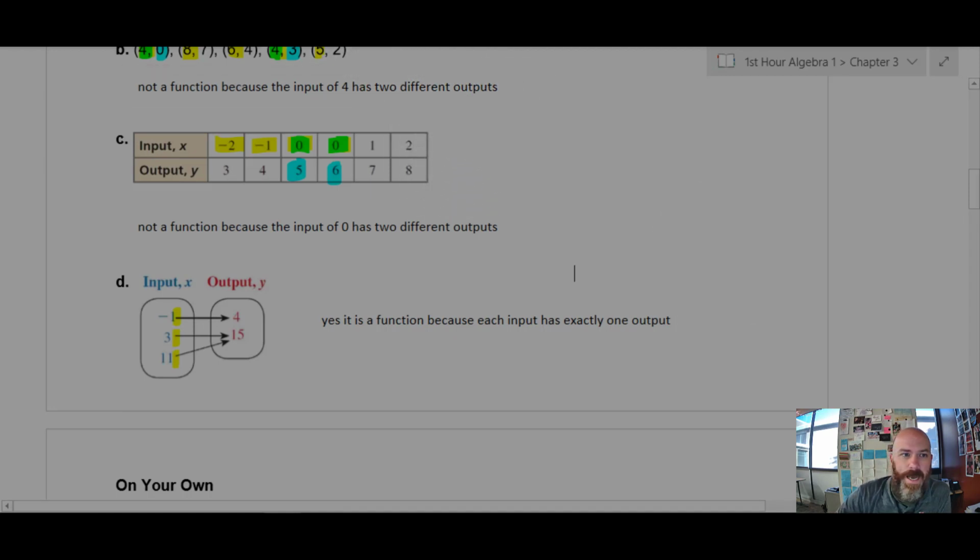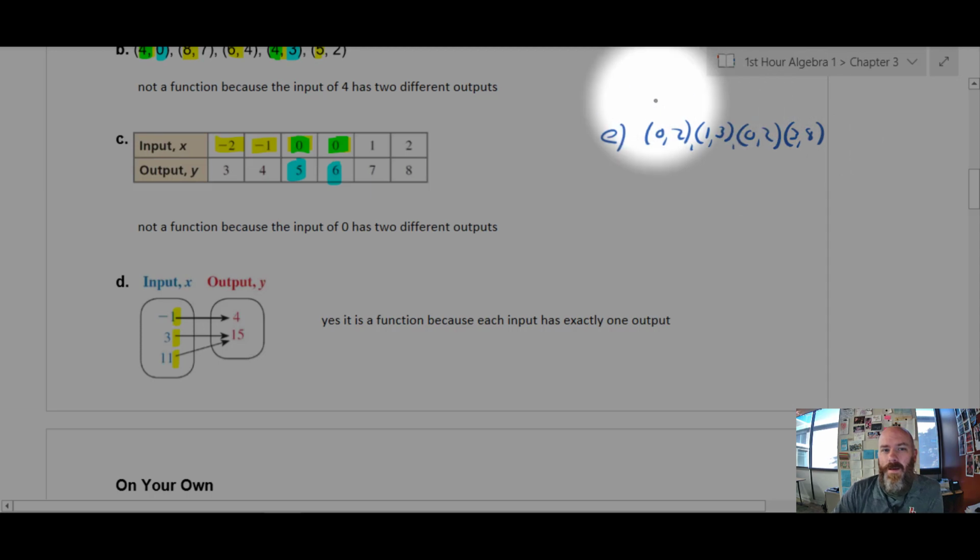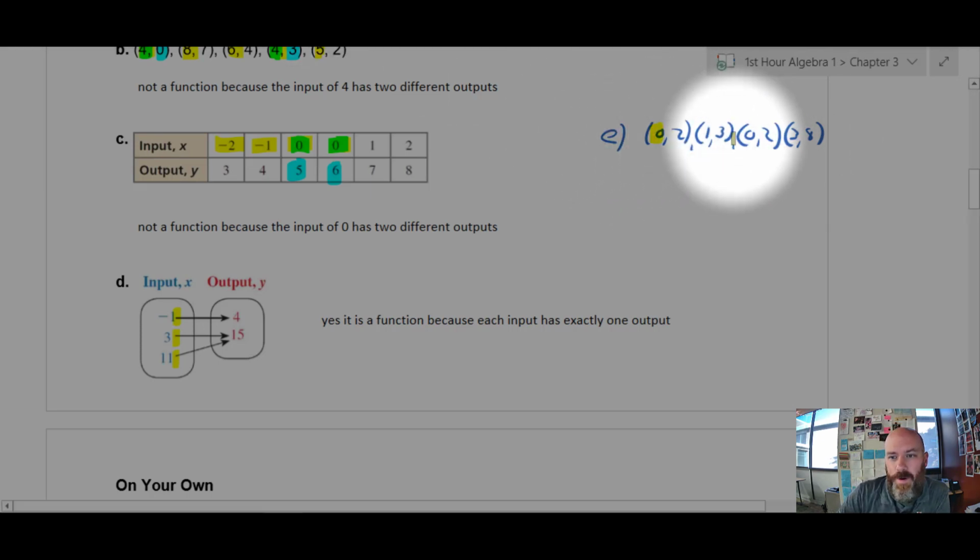I want to do one other side example here. Maybe this is like example E. If I had 0, 2, 1, 3, 0, 2, 3, 8. Notice I have two of the same inputs, but notice my outputs are the same.